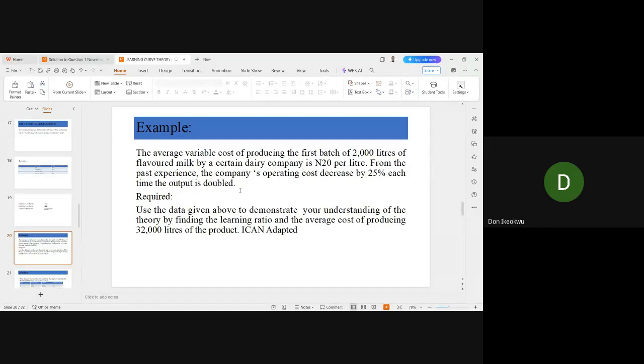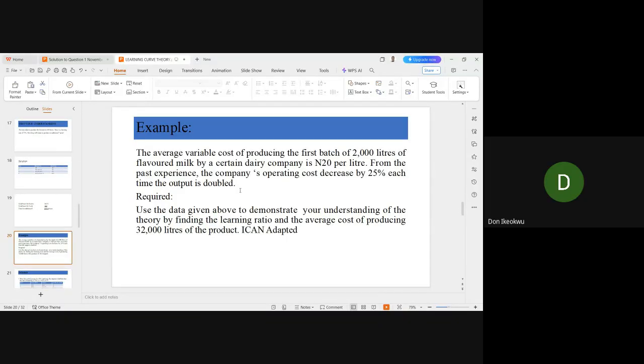The first cumulative time is 2,000 liters. Assuming it took them 100 hours, the second batch should be 75% of 100, which makes it 4,000 liters. Then 4,000 doubled is 8,000, then 16,000.